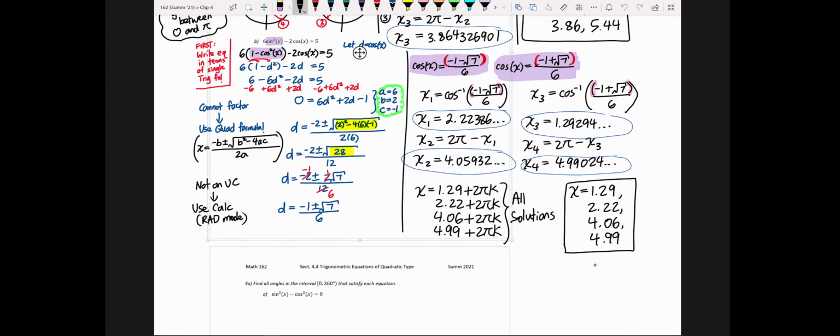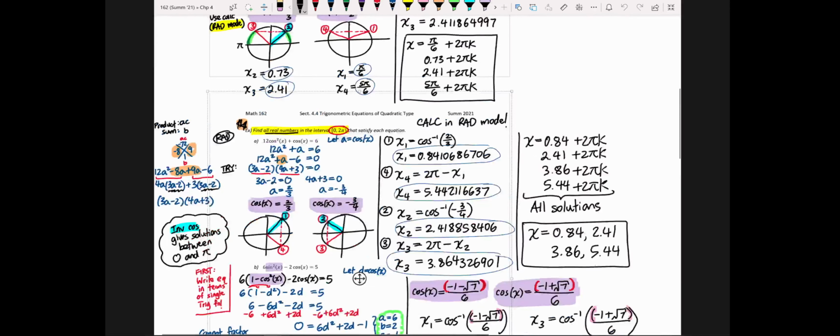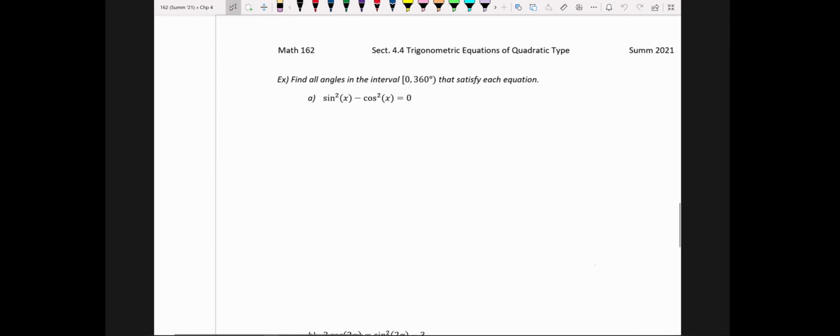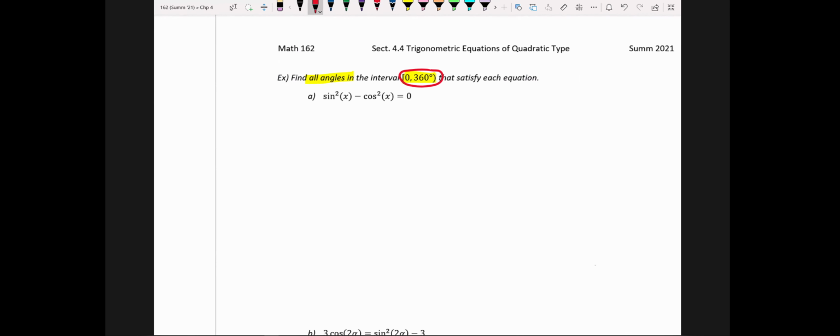Another note is if they're looking for specified solutions, we've said this before, first find all solutions and then get the specified solutions. So in this problem here, it says find all angles between 0 and 360 degrees. So you want specified solutions, and we are in degrees. Those are the pre-steps, our seatbelt step. Okay.